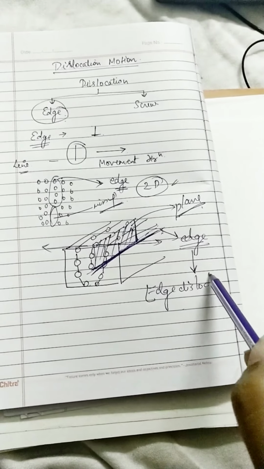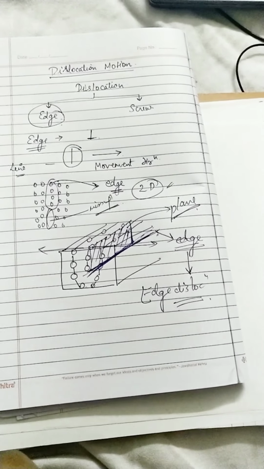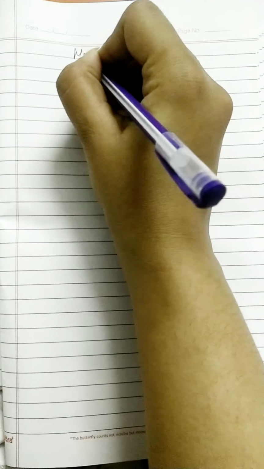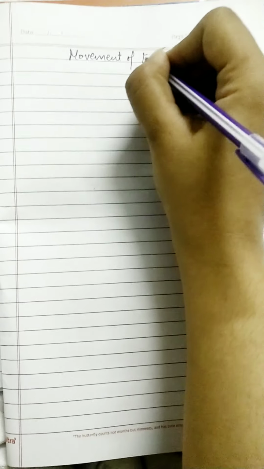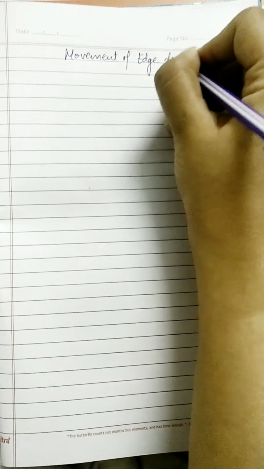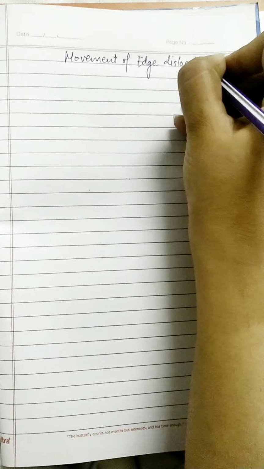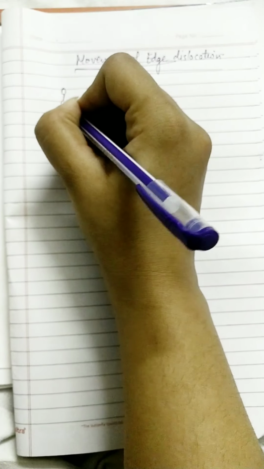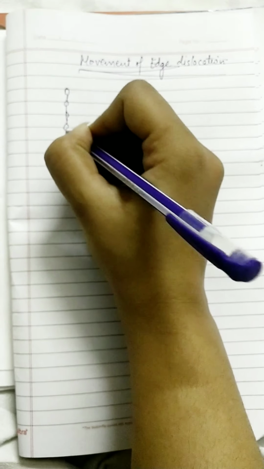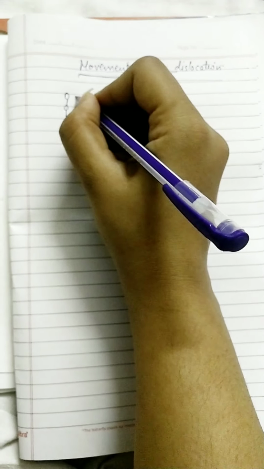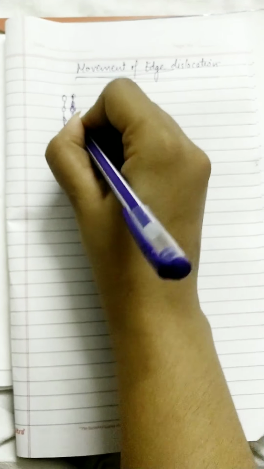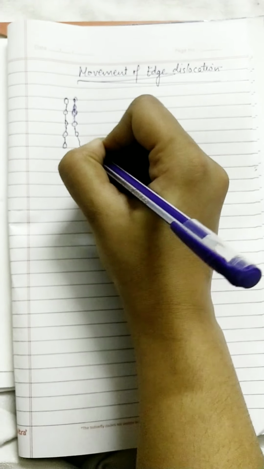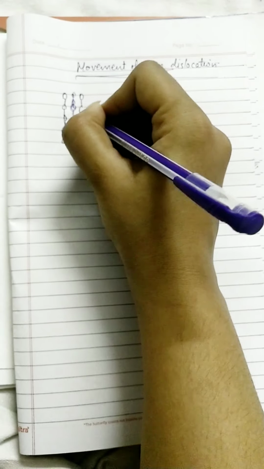Now let us go through the movement of the edge dislocation. While understanding the movement of edge dislocation, I am going to draw the atoms. The same figure which we saw on the last page.